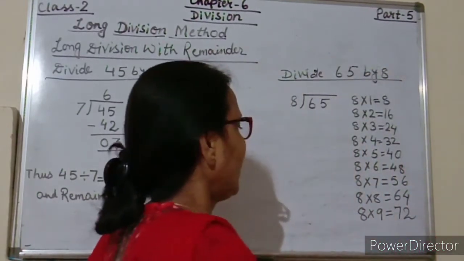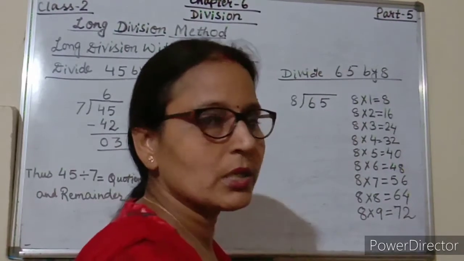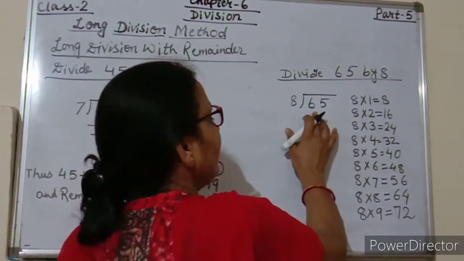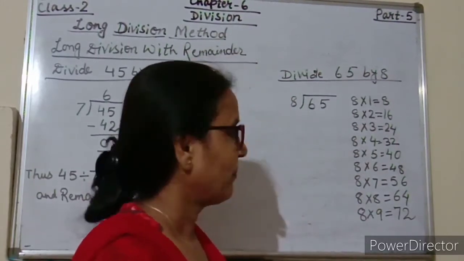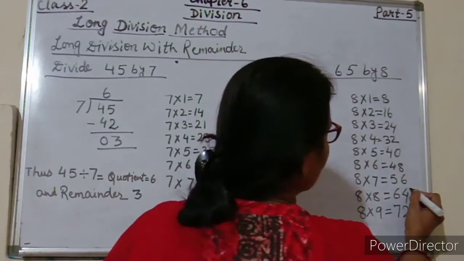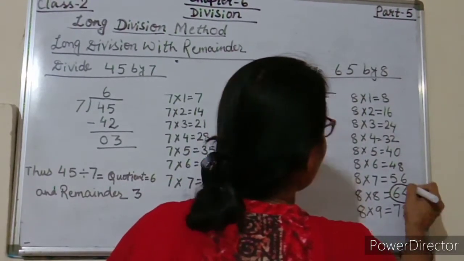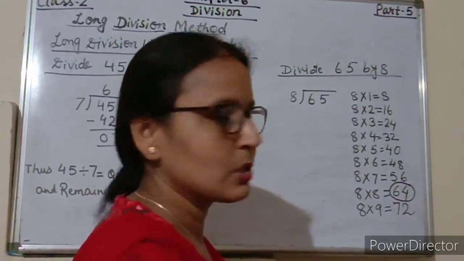So students, here in the table, which number is closest to 65 and less than 65? Yes, 64. 64 is closest to the 65 and it is less than 65 also.